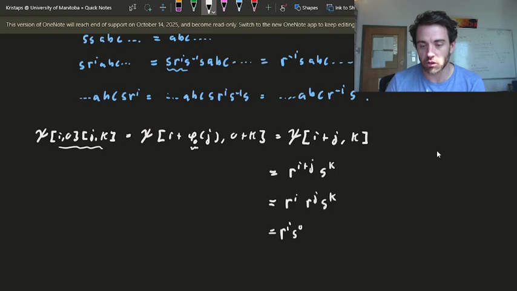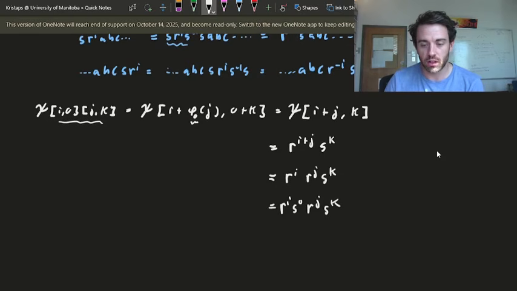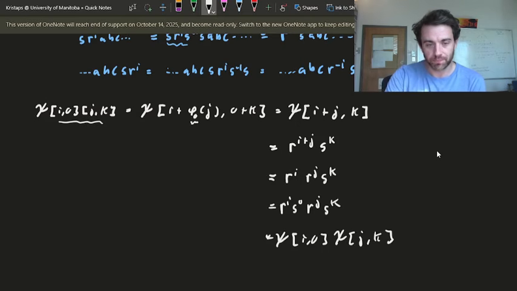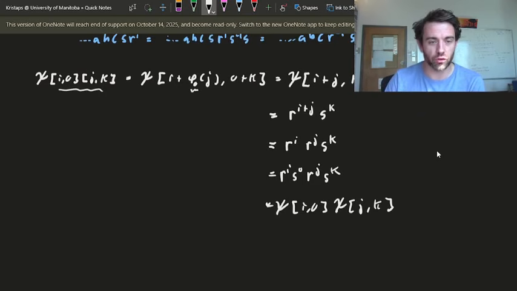So this is the same as r^i s^0, r^j s^k. But wouldn't you know it, this is in fact psi of (i, 0) times psi of (j, k). This is pretty general; it's for any i, j, and k.